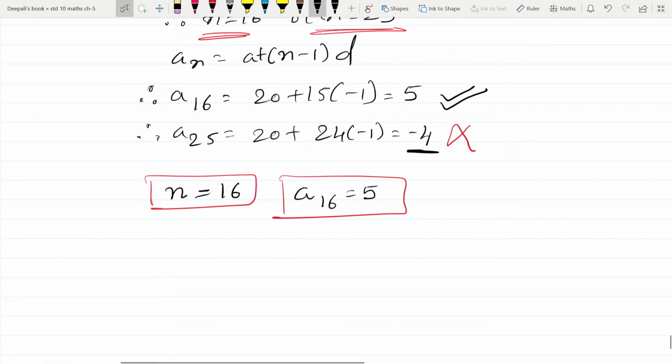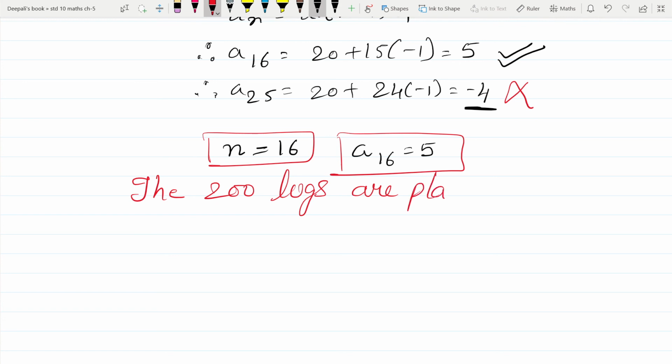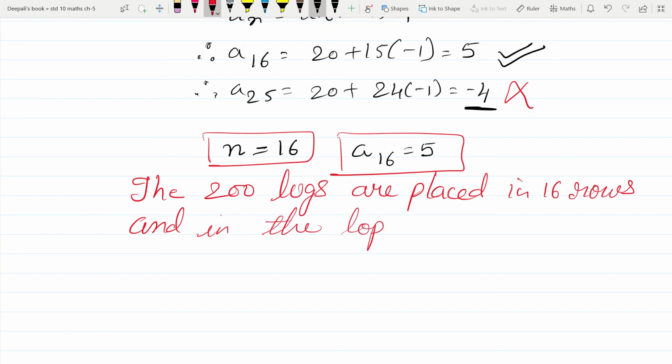That is 5 logs. So the 200 logs are placed in 16 rows and in the top row there are 5 logs. Did you understand this?